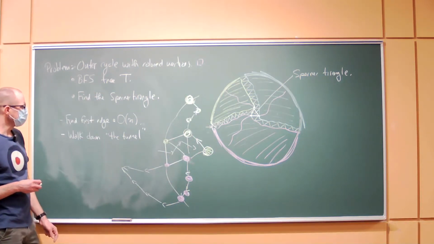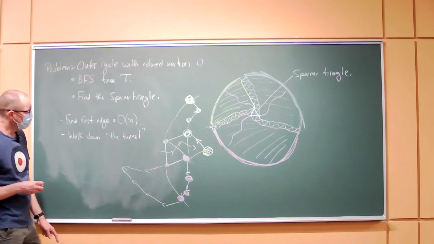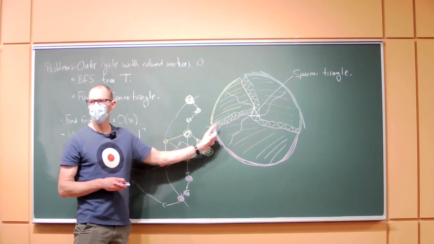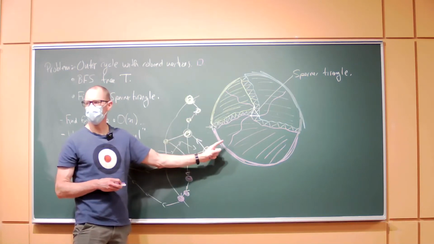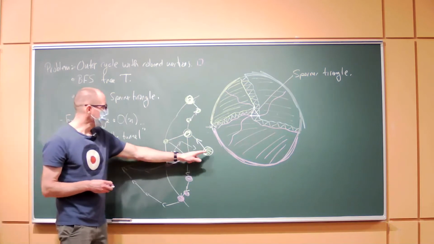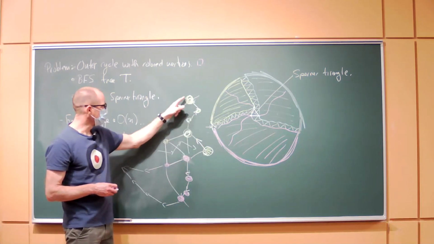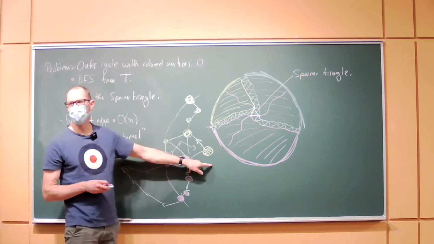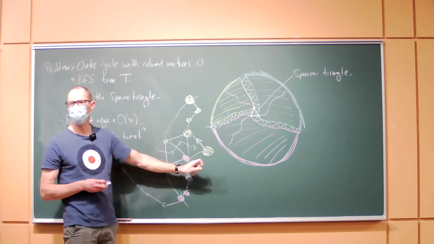If you kept doing that and walking right back to the boundary, you might have done more work than you wanted. But the good news here is every time you take a step in this walk up the tree, every vertex that you see, you're going to color, and you'll never have to walk over it again.